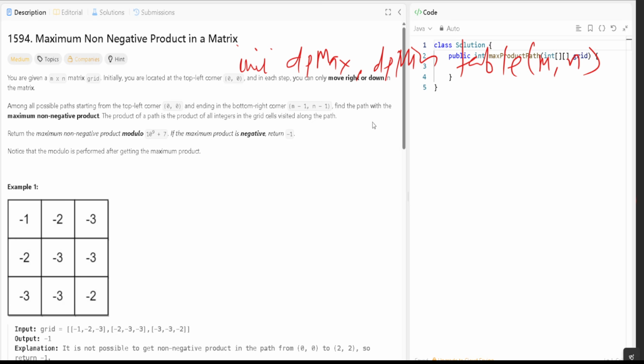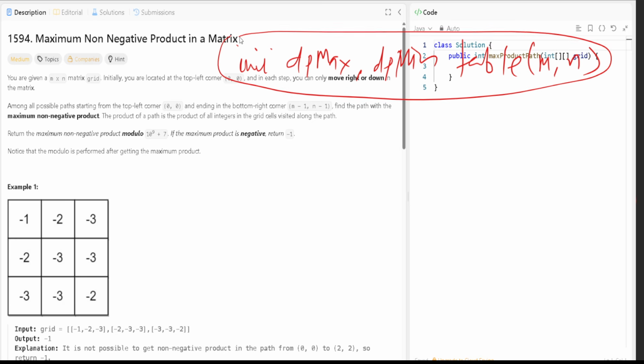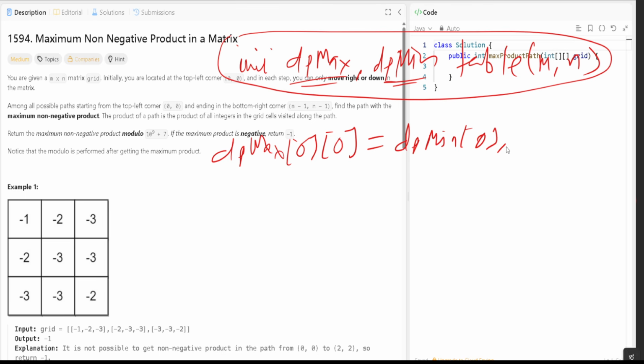Very first, when you initialize, you initialize dp max and dp min in the two tables. We'll say dp max at 0 0 equals dp min at 0 0, which is the grid at 0 0.